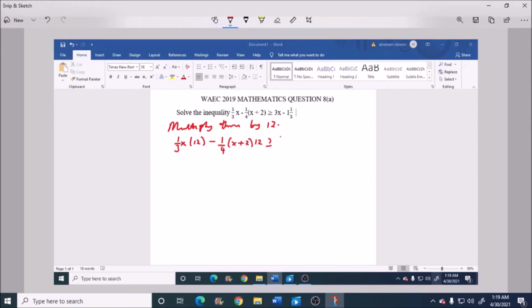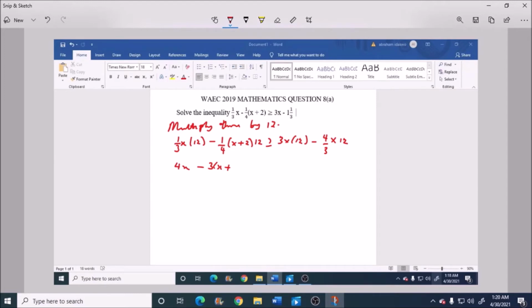Now this will result in 4x minus 3 times (x + 2) is greater than or equal to 36x minus 16.